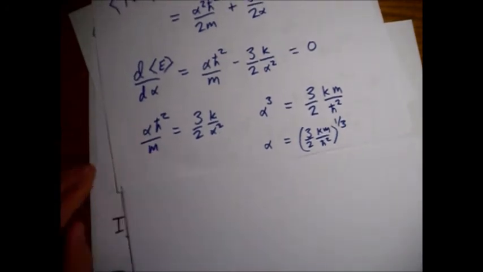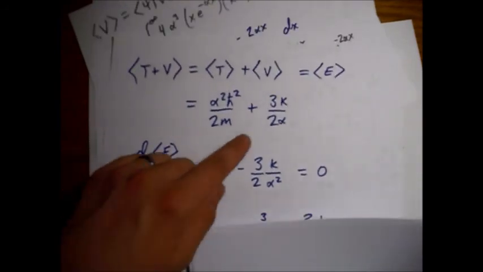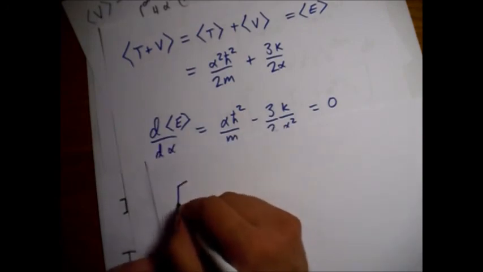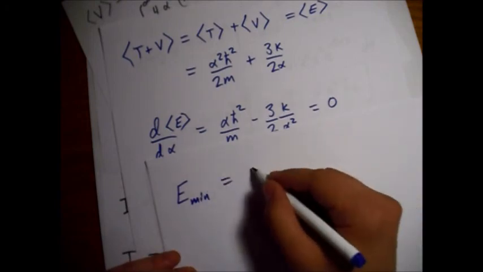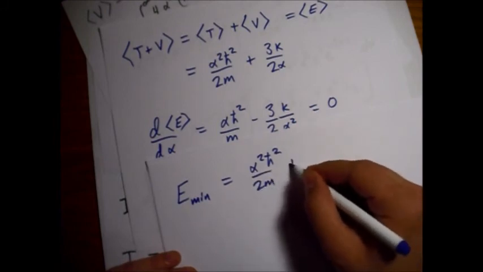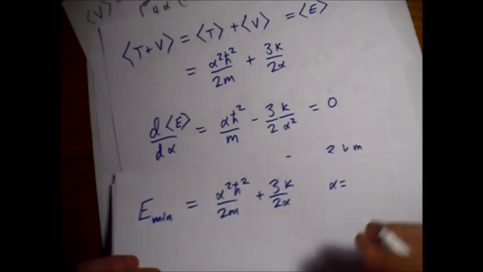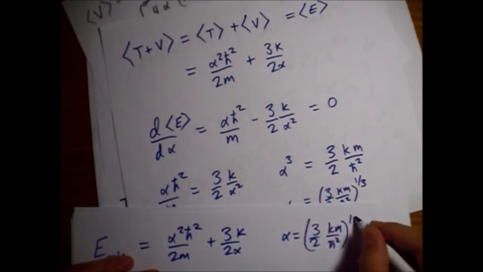All right, so let's see. Our energy was just this right here. So I'll just call this E min. Alpha squared h bar squared over 2m plus 3k over 2 alpha, where alpha is equal to this 3 halves km over h bar squared to the 1/3 power.